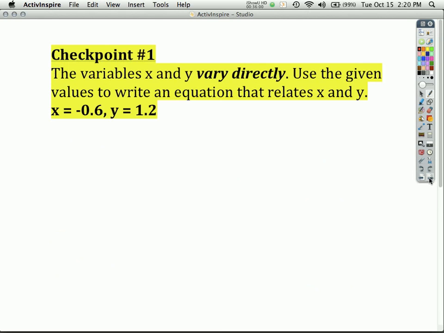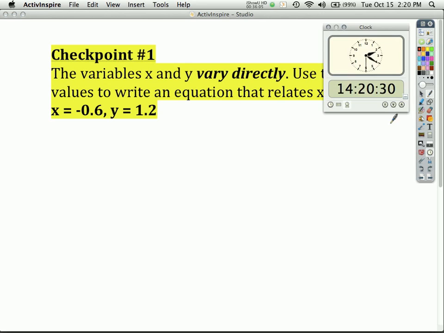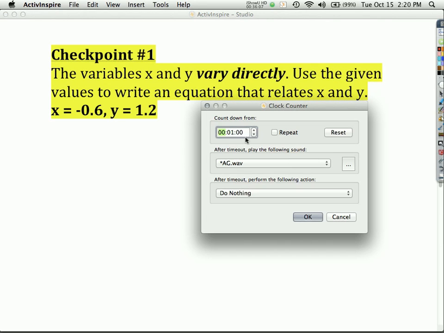Good, let's see how you do on your own. Checkpoint number 1. You got one question. Got a minute and a half.